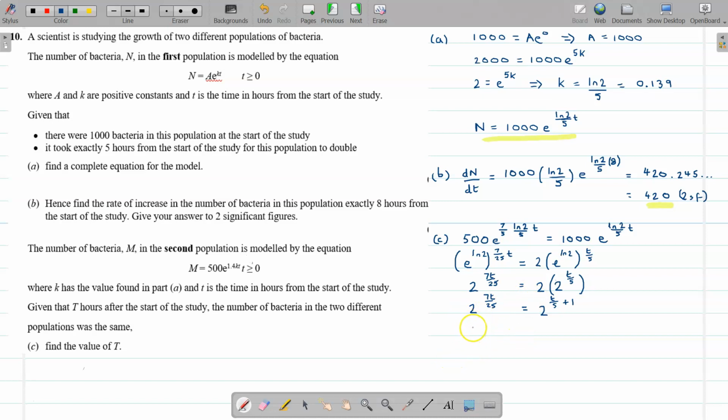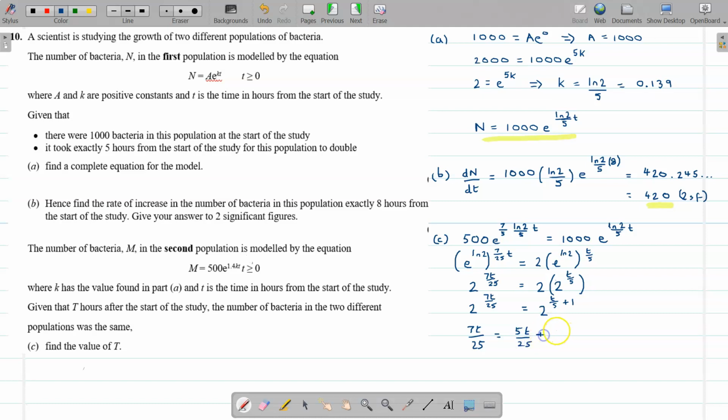So if I put them all over 25, I can now say that 7t over 25 is equal to 5t over 25 plus 1 over 25, or plus 25 over 25.